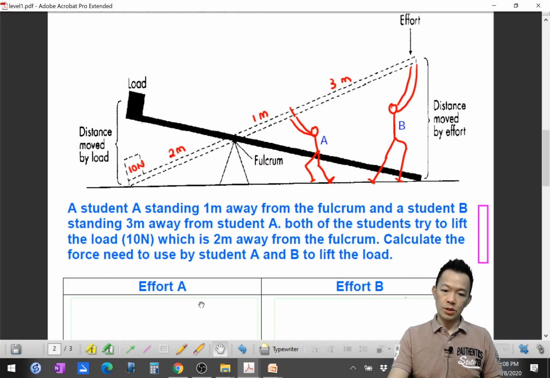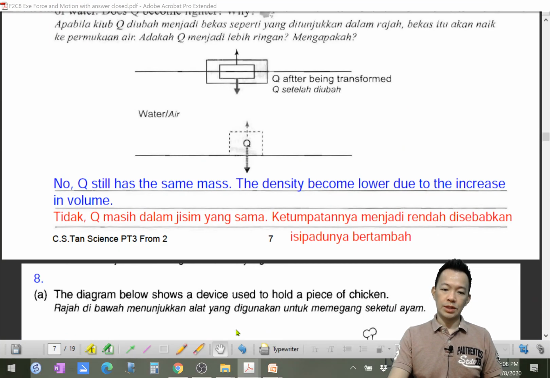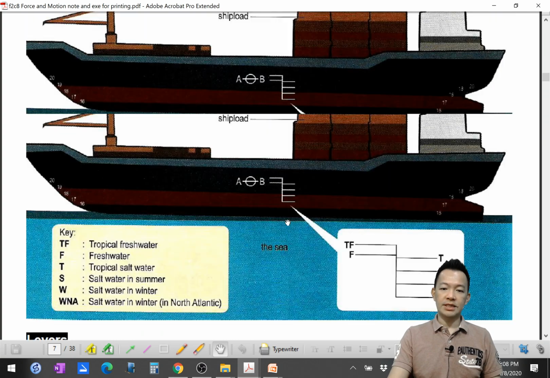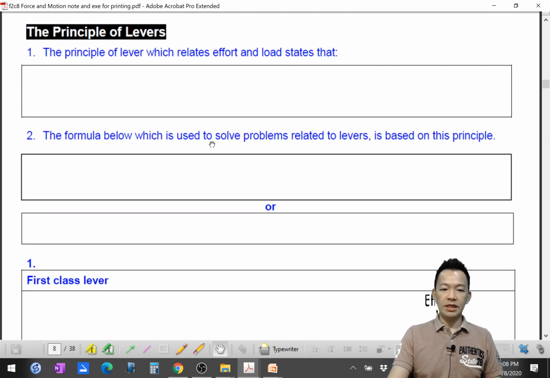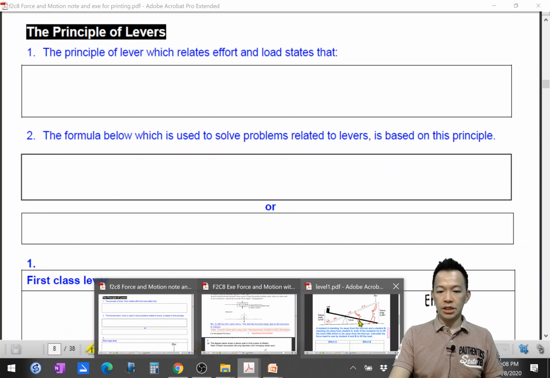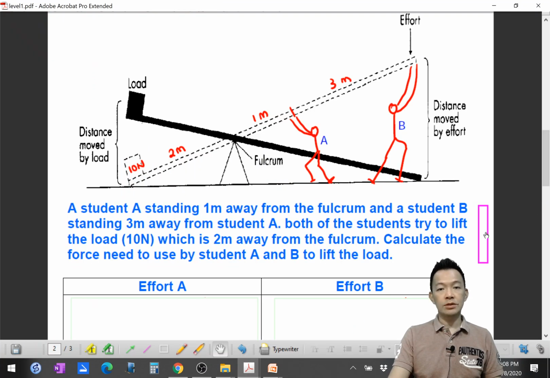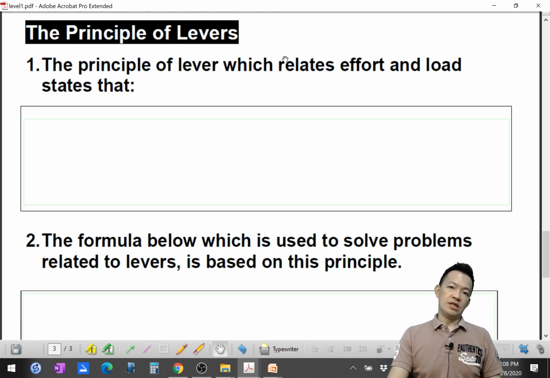Okay, so this is a problem. Now turn to your notes, page number 8. To answer this question, you must understand the principle of lever.